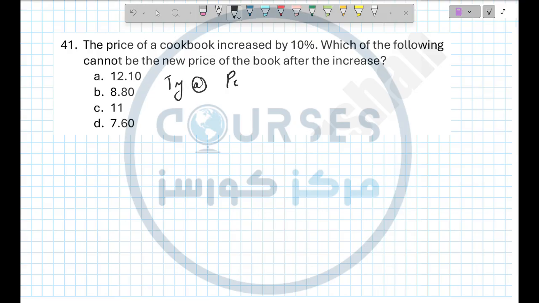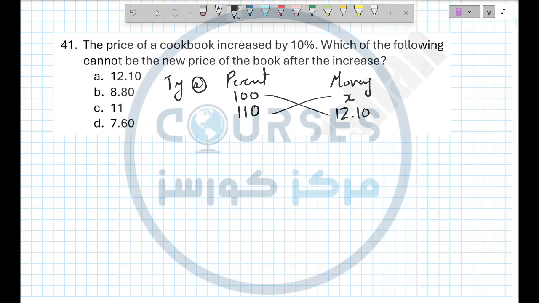So we have the percent, and we have the money or the value, it doesn't matter. So the percentage is 100. We don't know what the original money is, and the increase is 10%, so the new percentage is 110, and the new price, let's try A, which is 12.10.